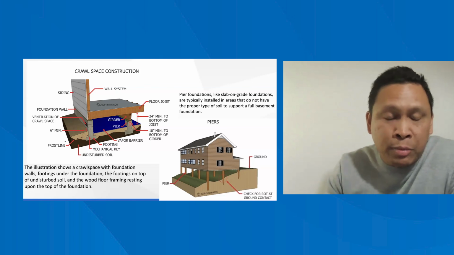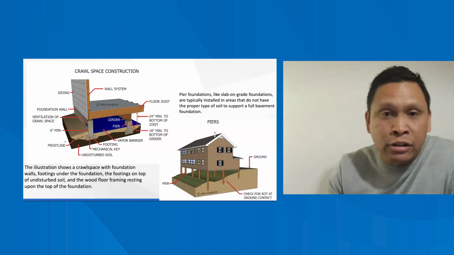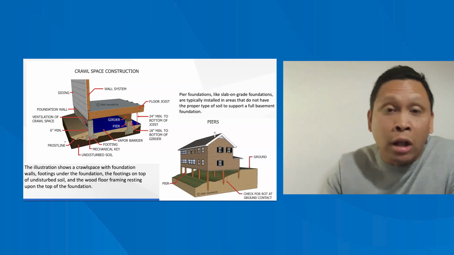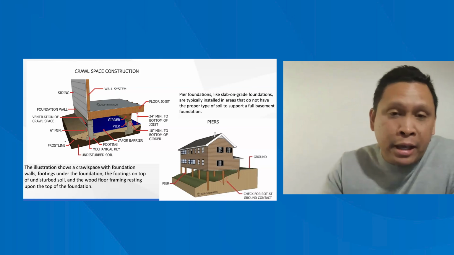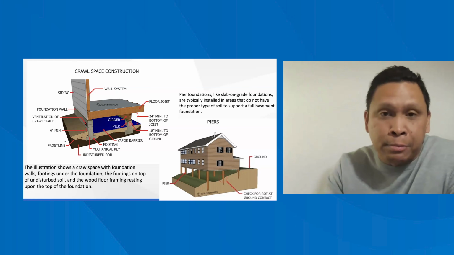I know some inspectors will wear a Tyvek suit that covers them from head to toe. Others will wear coveralls or overalls. Others will also have gloves on, because in crawl spaces you don't know what is physically there. So make sure you're covering up as much as possible.